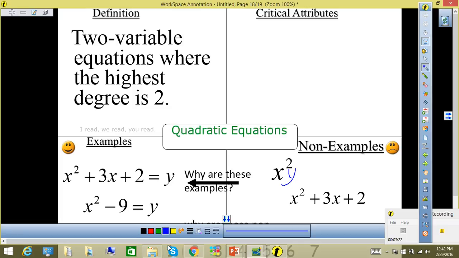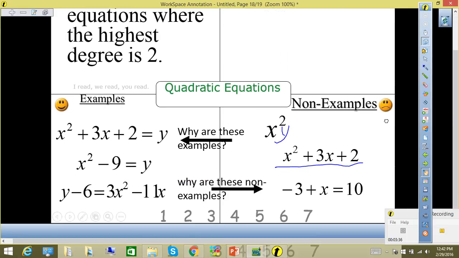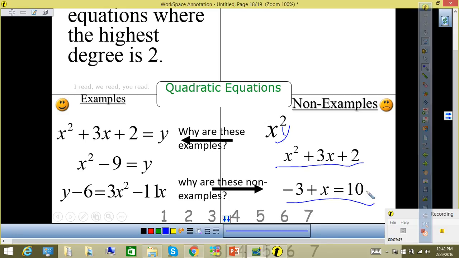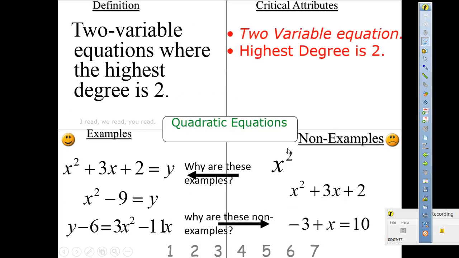Francisco, why is that not a quadratic equation? Not an equation. All right. How about this one? Very good. So therefore, it needs to be an equation and the highest degree 2.